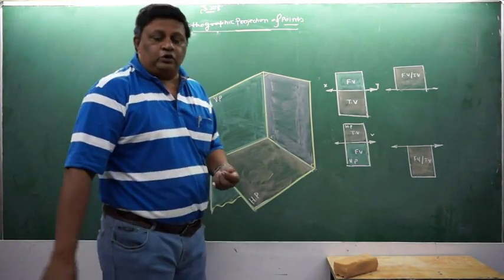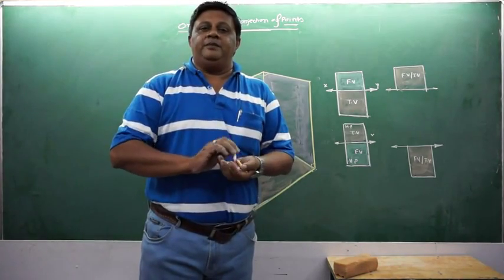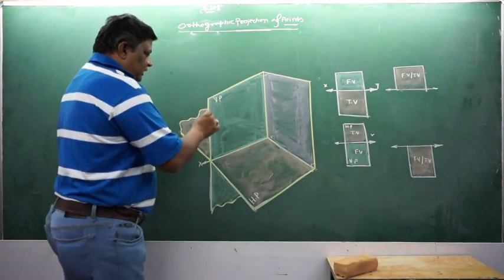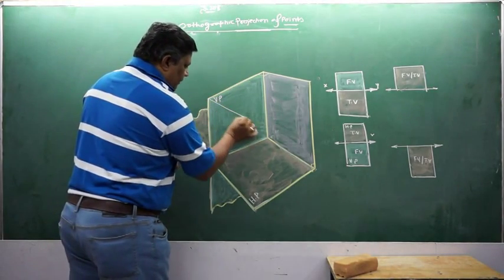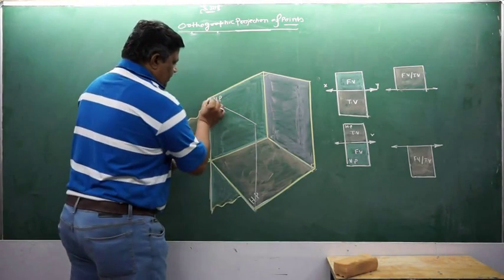As we have got two views, one is right hand side view and one is left hand side view, obviously I will be needing two profile planes. So the other profile plane will definitely be coming somewhere here, like this.